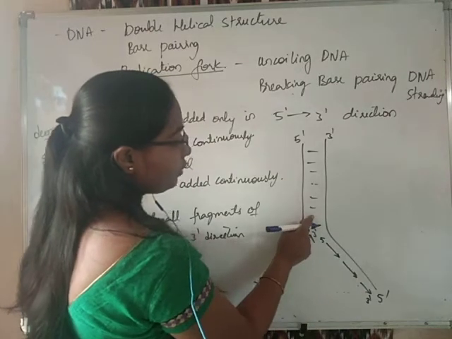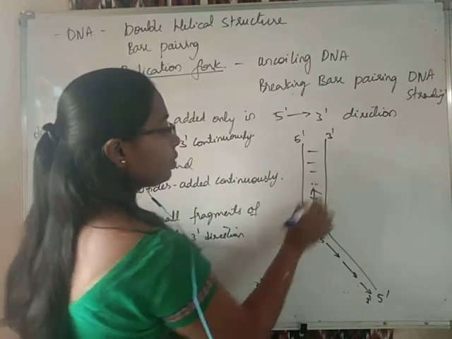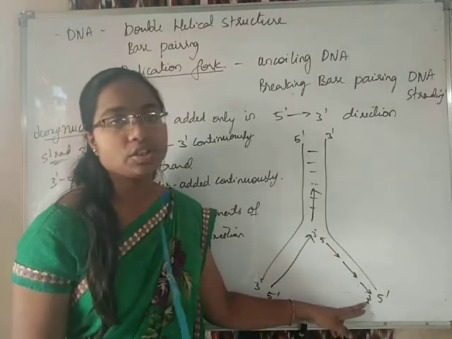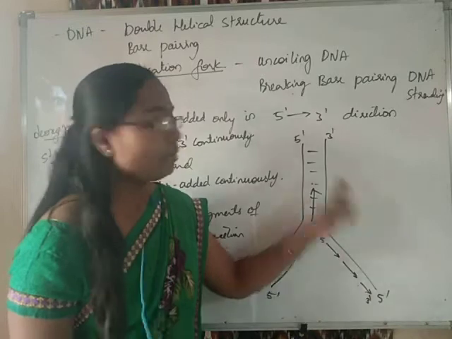This is the replication fork. Replication fork will be continuing upwards. So opposite to the replication fork, in the 5 to 3 direction, nucleotides are added in the 5 to 3 strand.